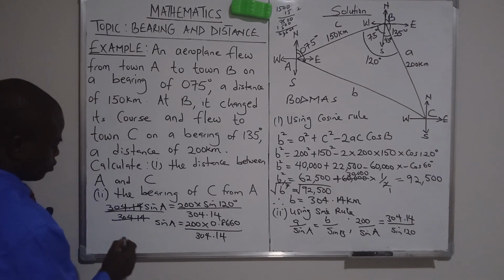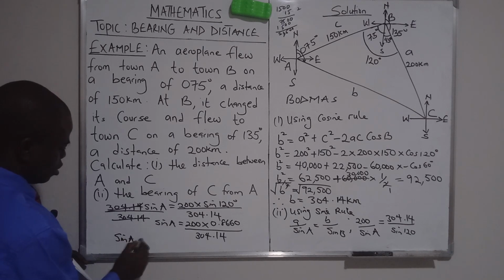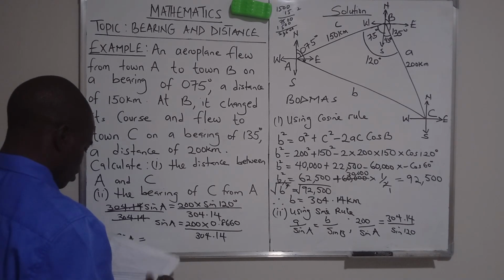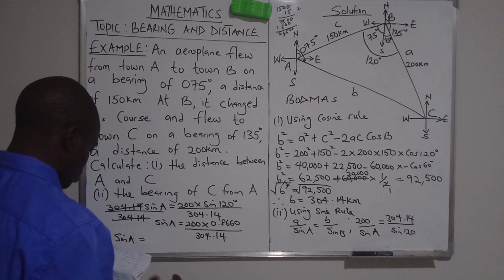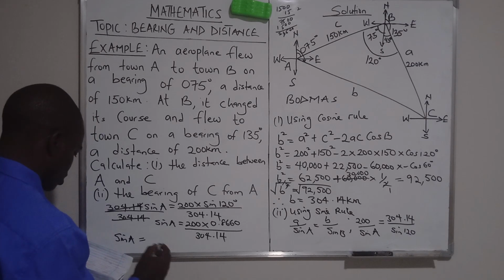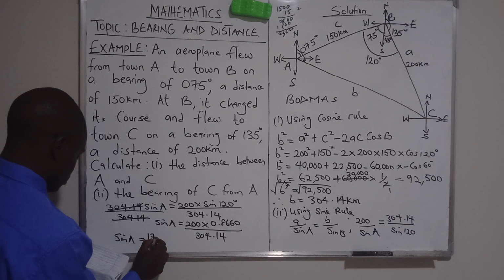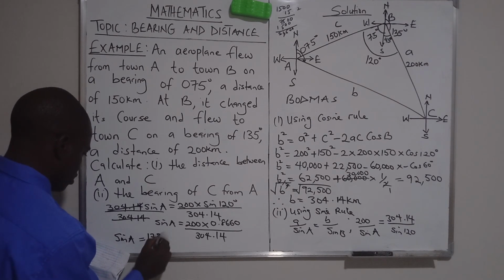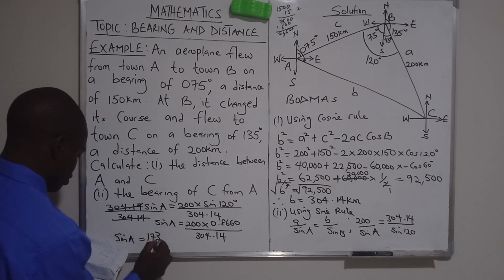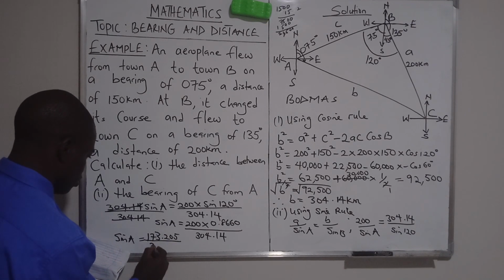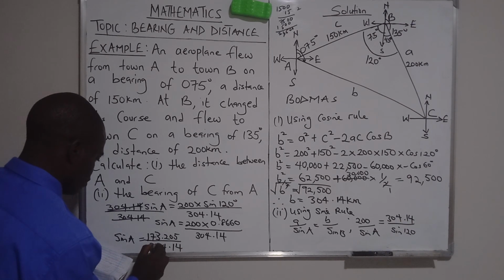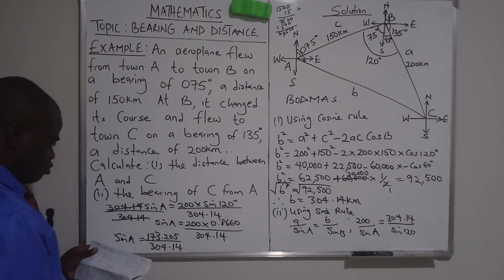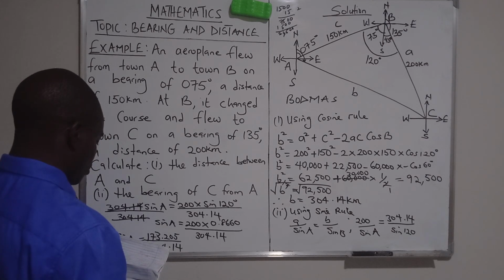Sine A equals 200 times 0.866, you have 173.205, divided by 304.14.